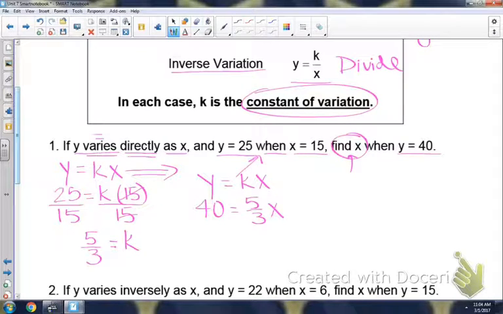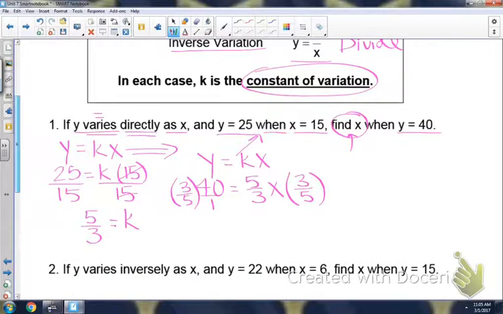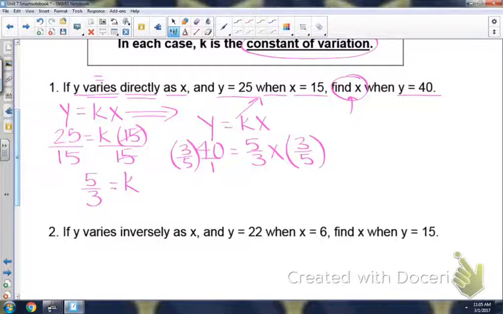In order to get rid of a fraction that's attached to your variable, you're going to multiply by the reciprocal. So multiply by 3 over 5 on both sides of the equation. That would give you 40 times 3 is 120 divided by 5. When you divide that, 120 by 5 is 24. So x would be 24.